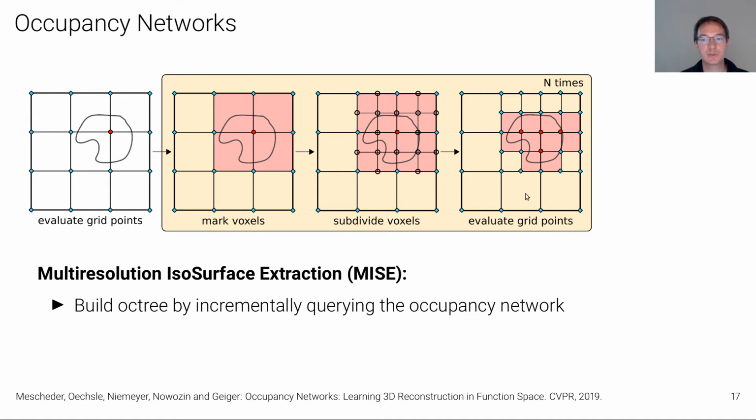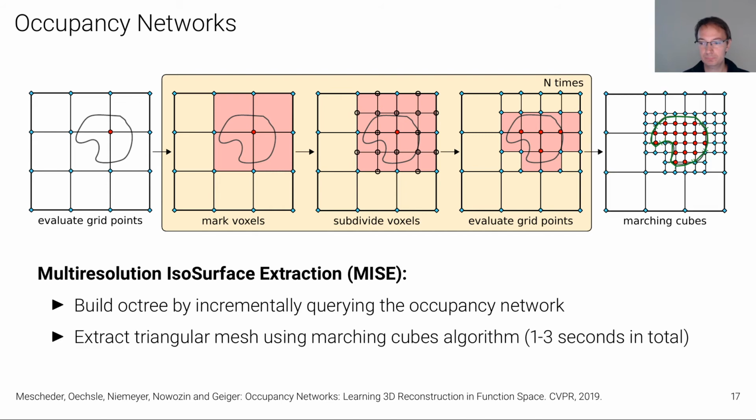Now this is of course much more efficient than querying the space densely, because we just need to query around the surface very finely. And then after having done this n times, we can apply the marching cubes algorithm to extract the mesh from these query results. And this entire procedure takes about 1 to 3 seconds in total, given a trained network.